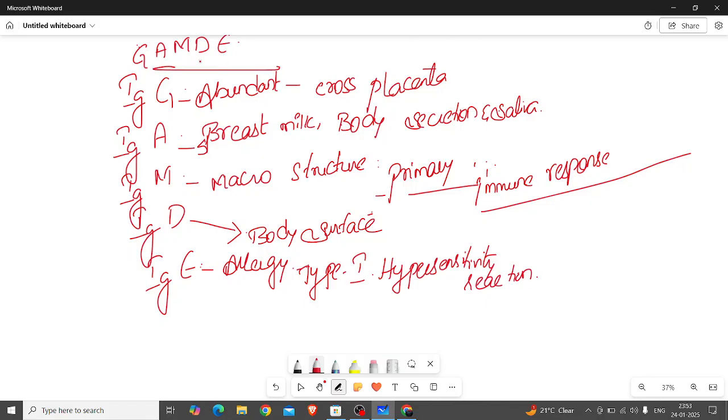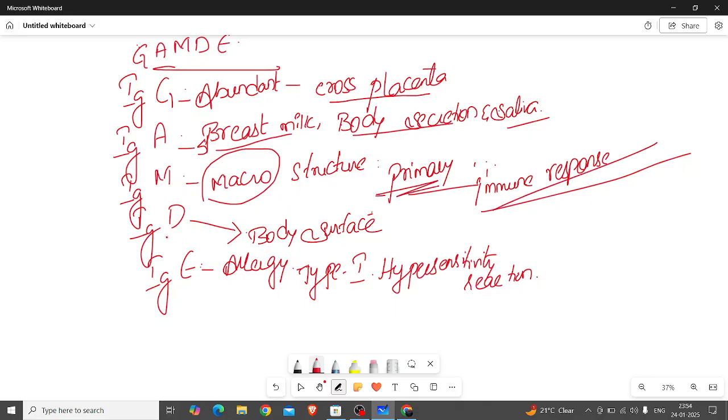Mainly we call it GAMDE. In order to remember this, we just remember this mnemonic. IgG is most commonly found and abundant, and it easily crosses the placenta. Second one, IgA, is mostly found in breast milk, body secretions and saliva. Next one, IgM, is one of the macrostructures when we compare all these immunoglobulins, and it plays a major role in the primary immune response.